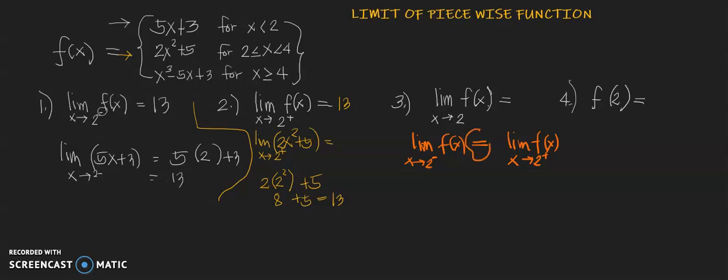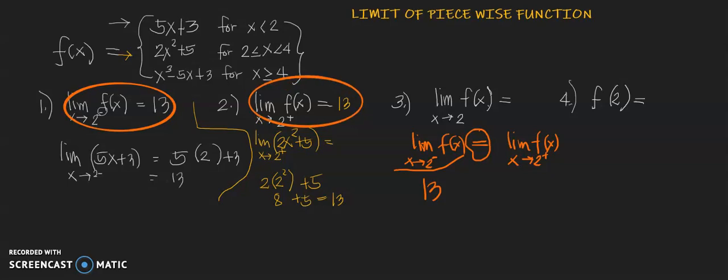If they are equal, the limit exists; if they are not equal, then it does not exist. The negative side is this, so the answer would be 13. What about the positive side? That is 13. So they are equal. So what's the answer now? The limit of f of x as x approaches 2 equals 13.